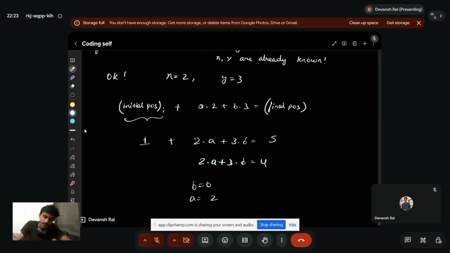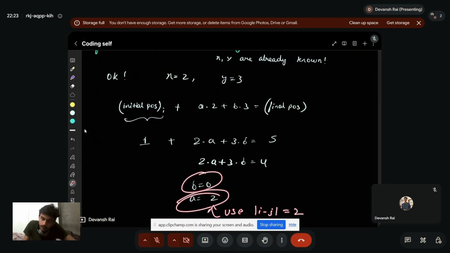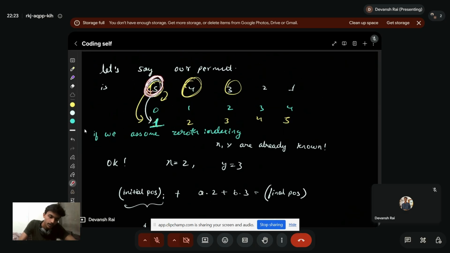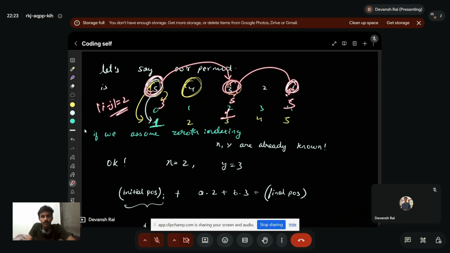That means we use the i minus j equals 2 condition 2 times on 5 swapping. We first swapped it, 5 came here, 3 came here, then again we swapped with the second element from this place, and then 5 came here and 1 came here. That's what we did, right?